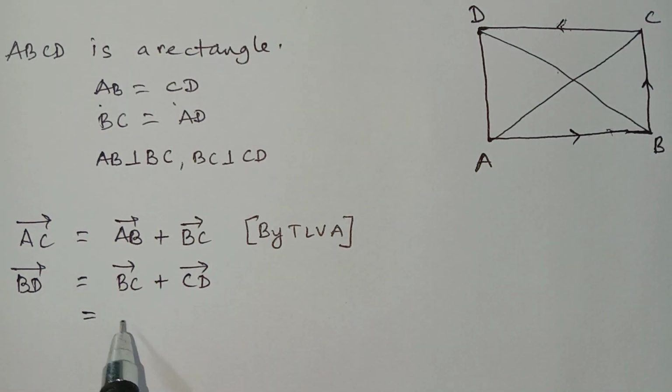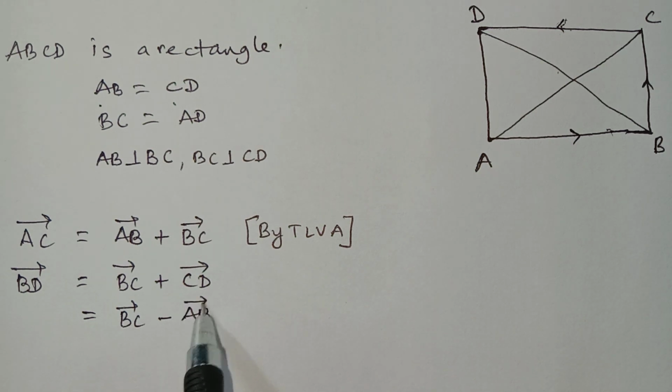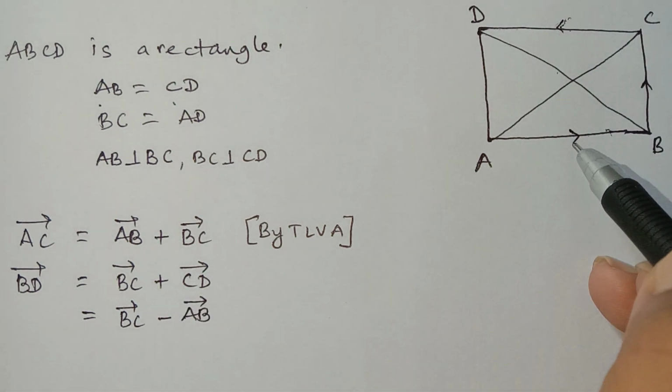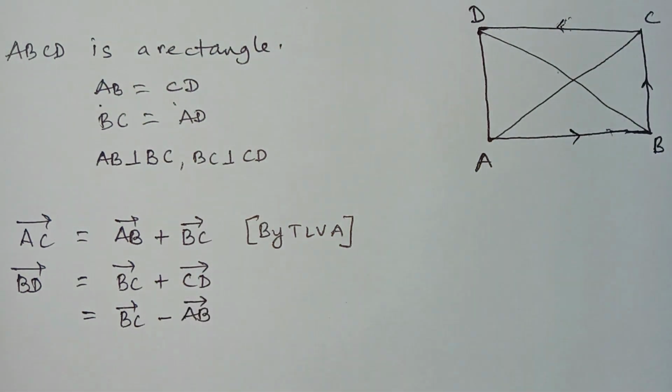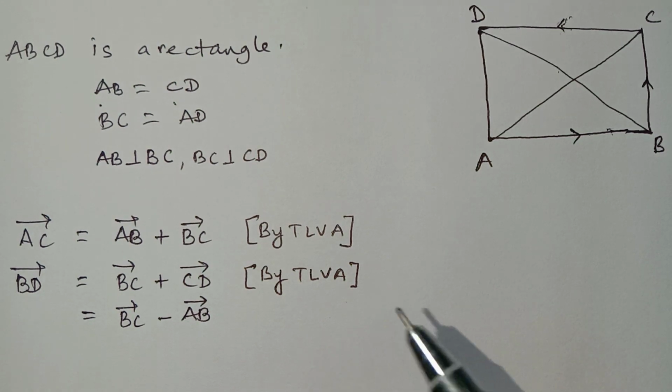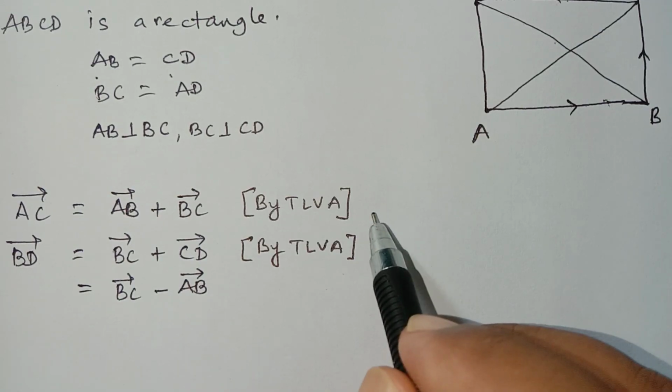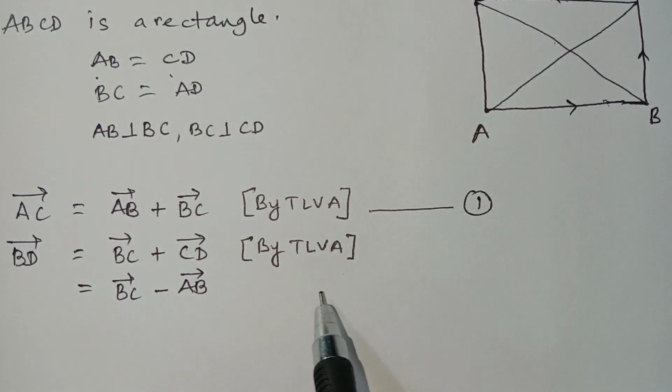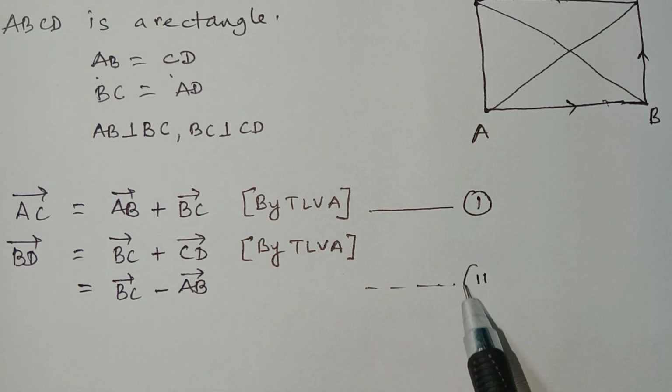So we can say vector BC minus vector AB, since CD is opposite to vector AB, so CD is equal to negative AB. This is also by the triangle law of vector addition. Let's mark this equation as 1 and this as 2.